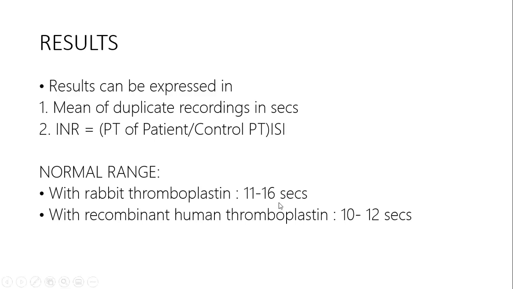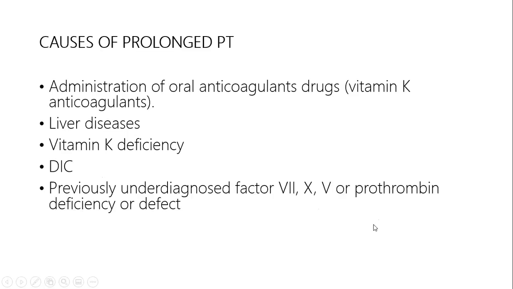But instead of rabbit thromboplastin, if we use recombinant human thromboplastin, then we should set the normal reference range to 10 to 12 seconds. Again, if the reagent used is recombinant human thromboplastin, then our normal reference range should be 10 to 12 seconds.